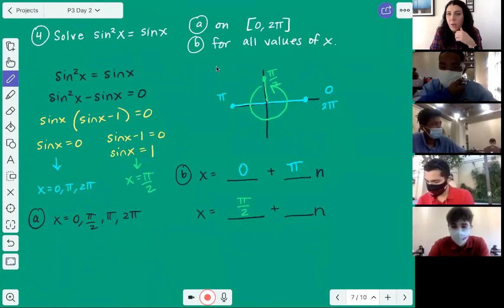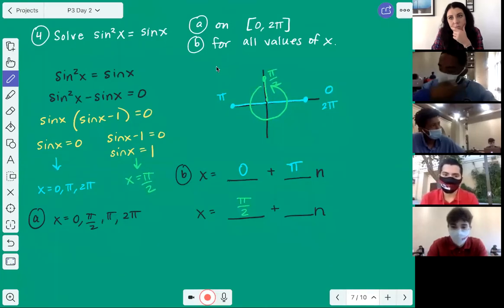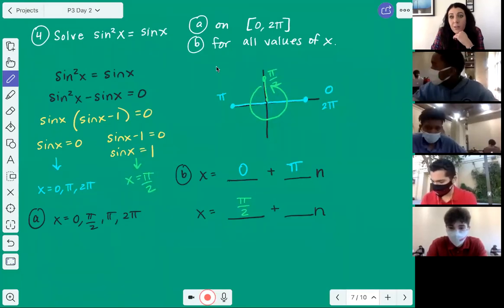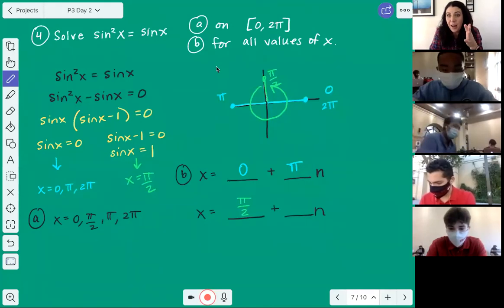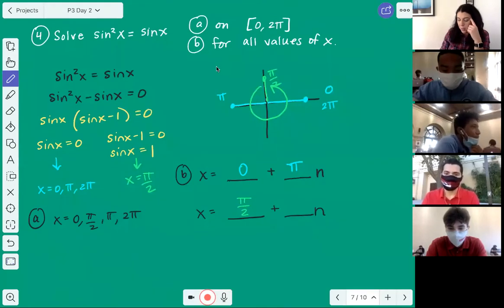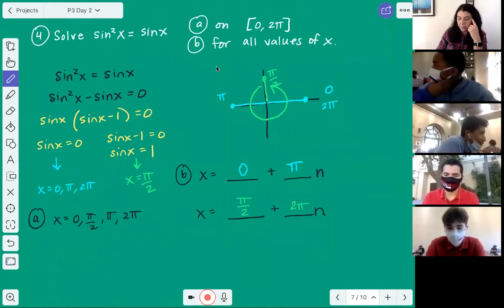If I go all the way around a circle, how far is that? It is exactly 2 pi, right? Yeah, you've gone all the way around. So it would be plus 2 pi n.